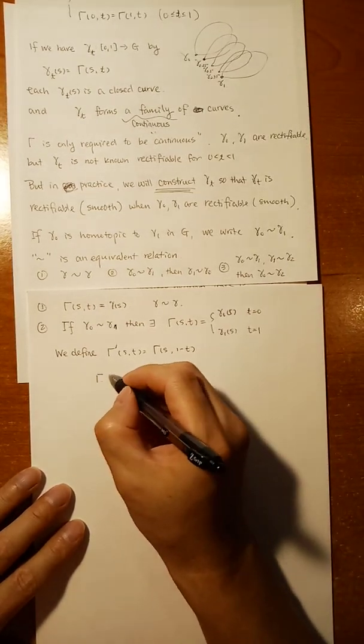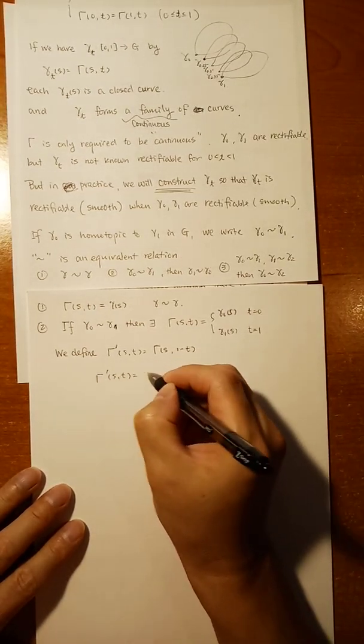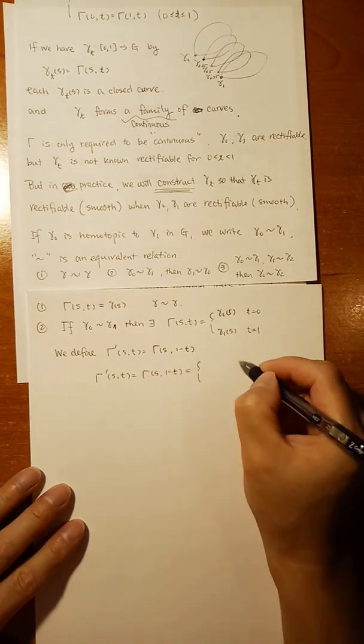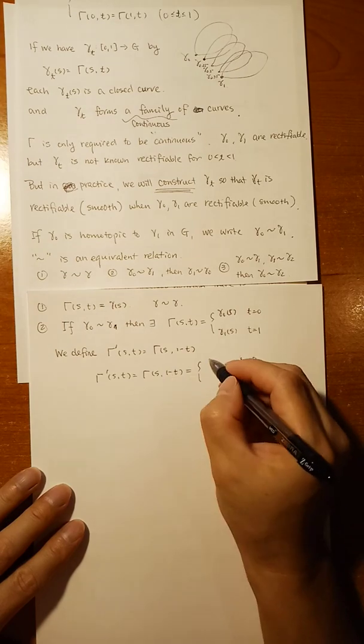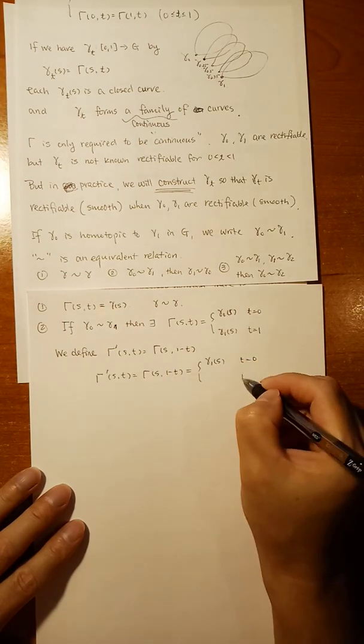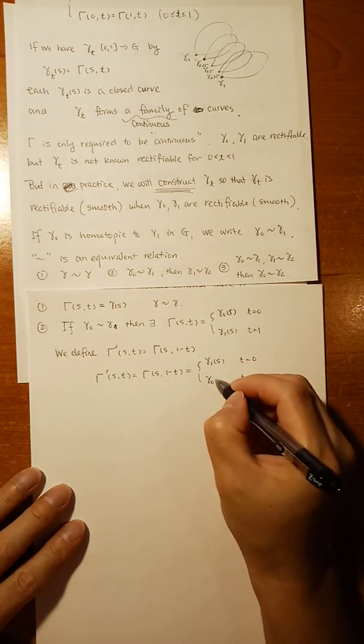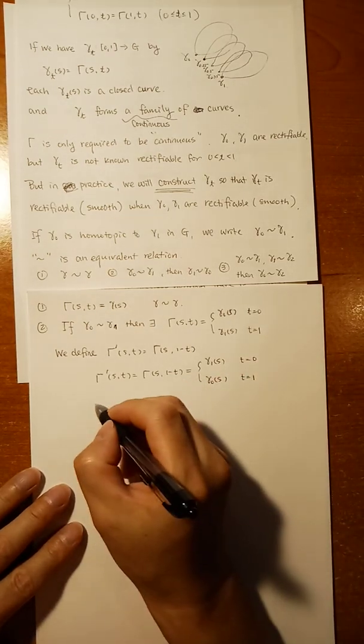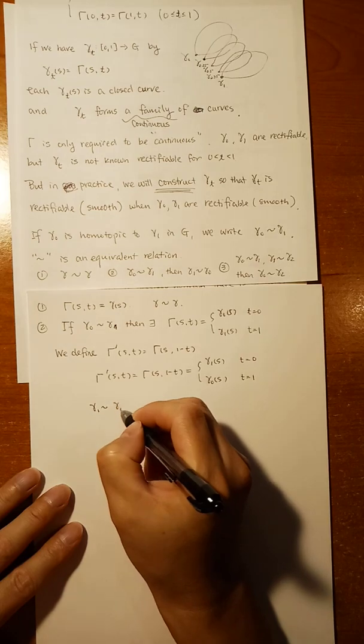Then you will see gamma prime of s is gamma(s, 1 minus t). If t is 0, it's gamma 1. If t is 1, it's gamma 0. All right, and this is of course continuous, so we get gamma 1 homotopic to gamma 0.